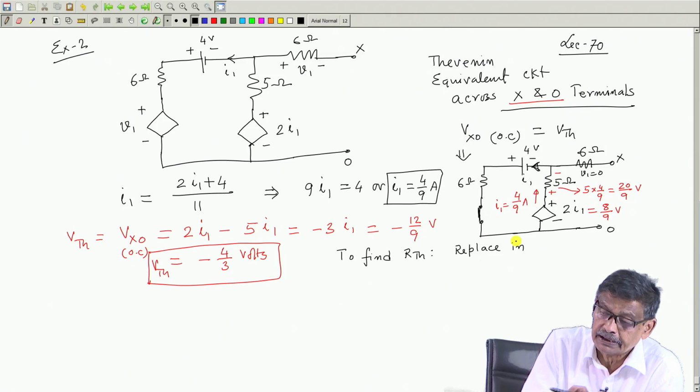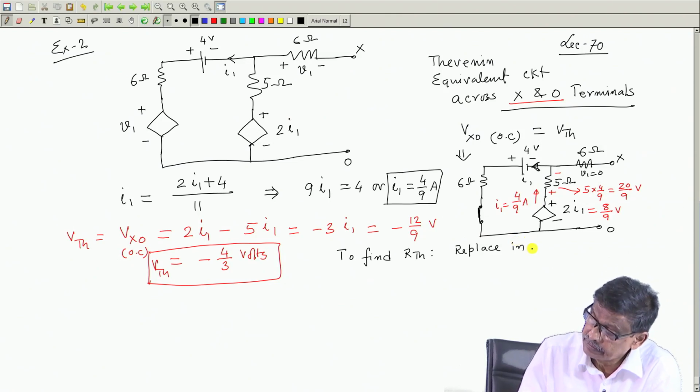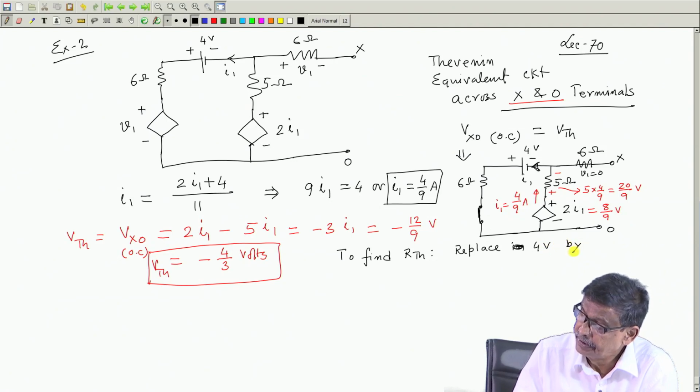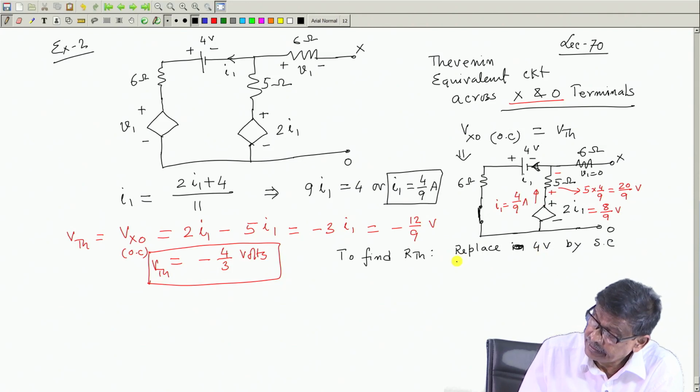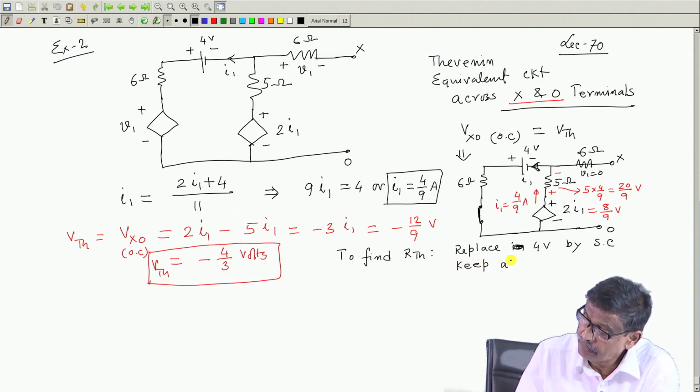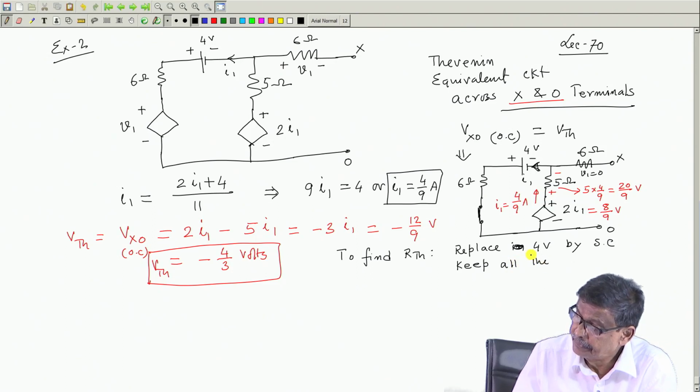Here only one independent source, 4 volt, replace 4 volt by short circuit, SC, and keep all the dependent sources in the circuit. That is what first thing you have to do.